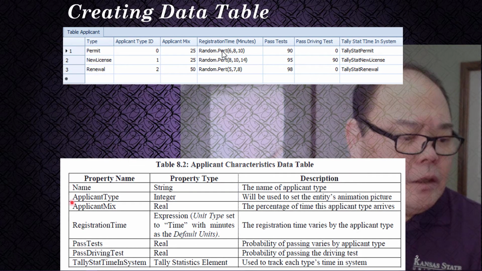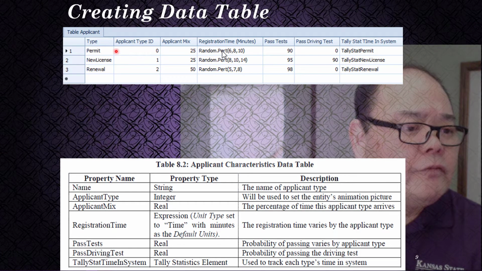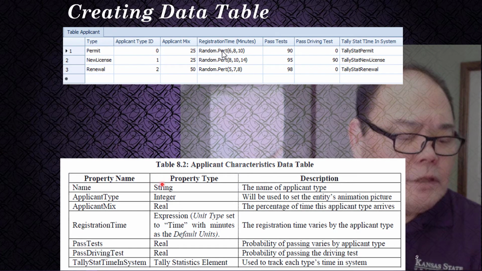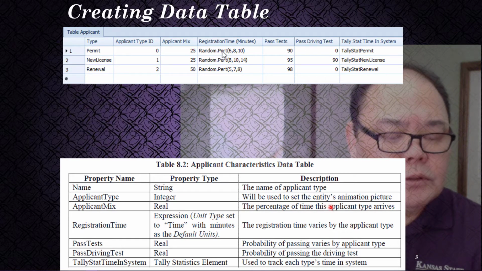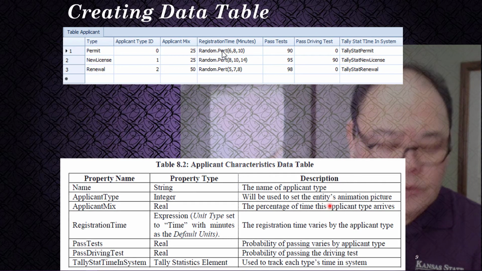The picture below shows each column and what type of property we're using on this table, with a short description of what they are being used for.